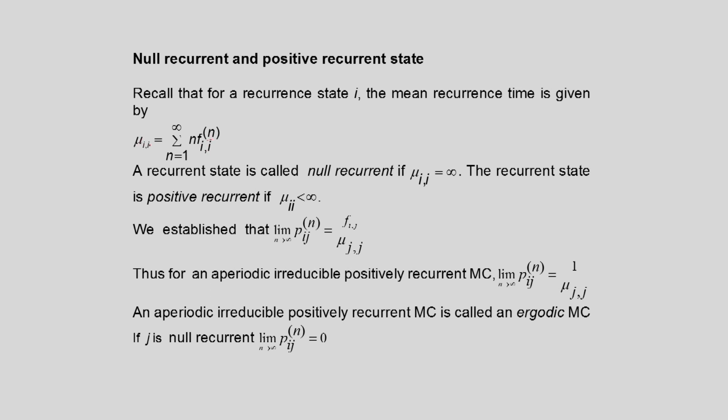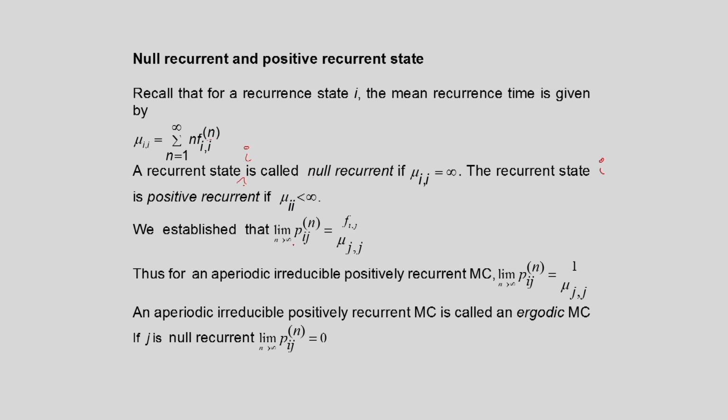Now this mean recurrence time may be finite or infinite. A recurrent state i is called null recurrent if mu i is infinity. The recurrent state i is positive recurrent if mu i is less than infinity. So that way we have defined null recurrent and positive recurrent.